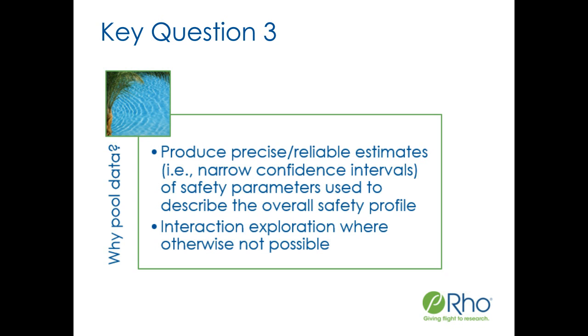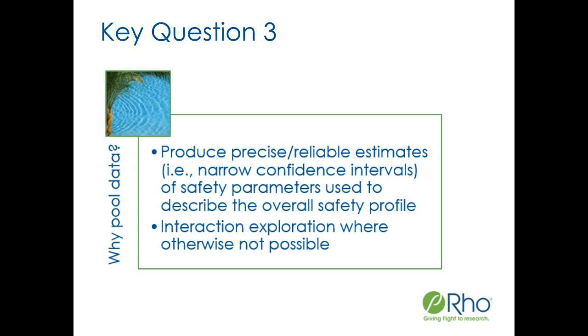That will allow you to better describe your overall safety profile. Also, as you get an increased sample size, you're allowed to explore where there are possible interactions. This could be a drug-demography interaction, a drug-disease interaction, or a drug-drug interaction. Having a larger sample size can allow you to look into these subgroup analyses.